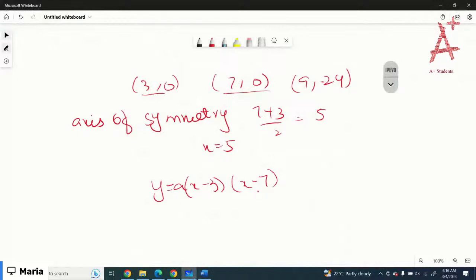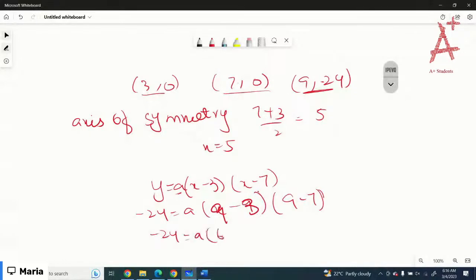Let's put this point in the equation and calculate the value of a. y equals minus 24, a, x is 9, so 9 minus 3 and 9 minus 7. I'm using this point. Negative 24 equals a times 6 times 2, so it is 12a. a equals negative 24 over 12, and a equals negative 2.